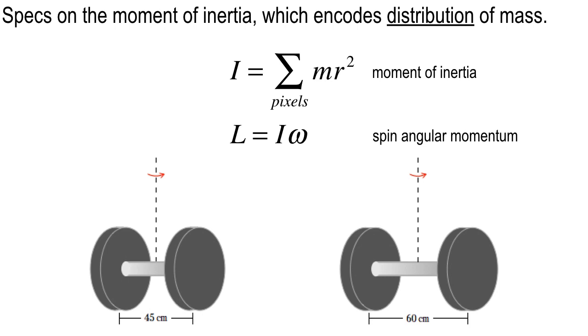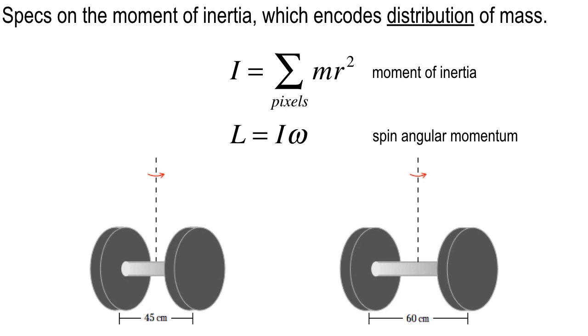Now we're going to do that. Let me show you how to do that. Write down I equals capital sigma, which means the sum of, and then the little subscript pixels, it means the sum of m r squared for each of the pixels in the object that you are studying.